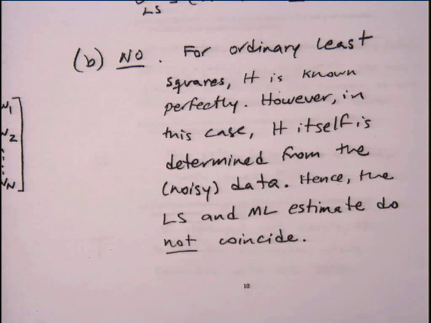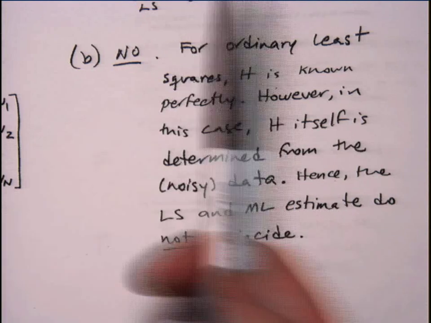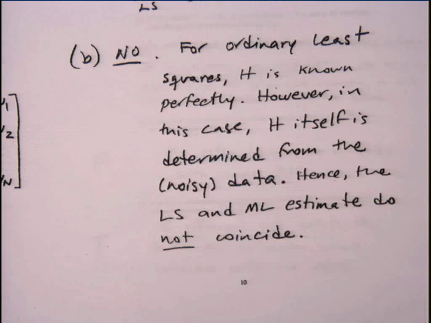In standard least squares, H does not depend on the data. So, in this case, even though everything looks exactly the same, because H depends on Z, this is not the maximum likelihood estimate anymore. It is still least squares, still a perfectly legitimate estimator, but it no longer coincides exactly with the maximum likelihood, even though the noise is Gaussian.